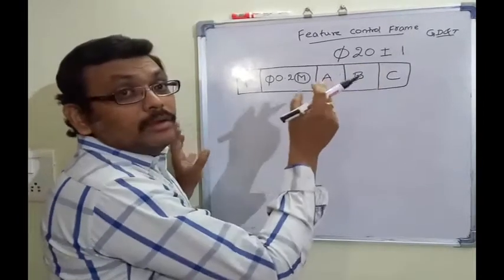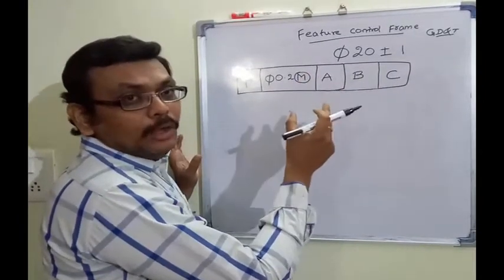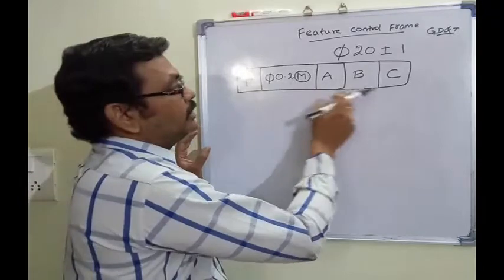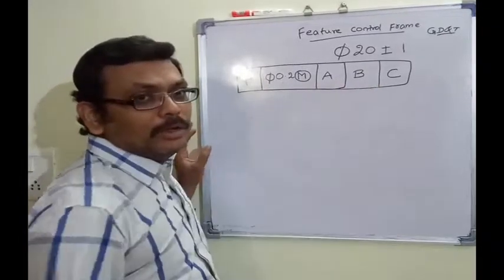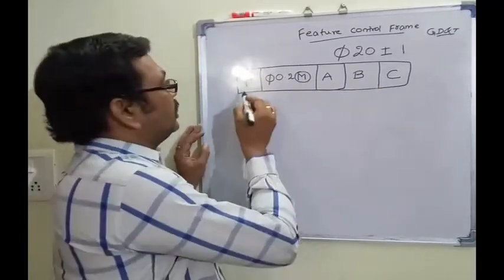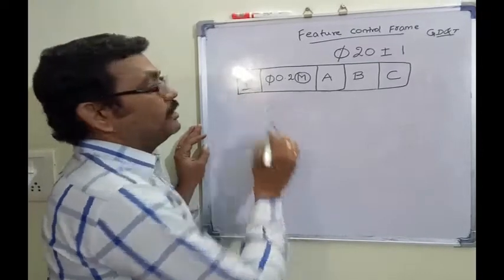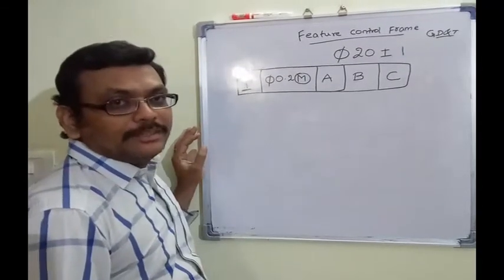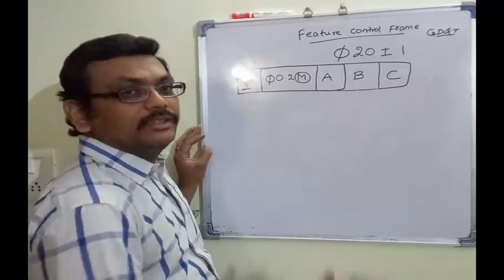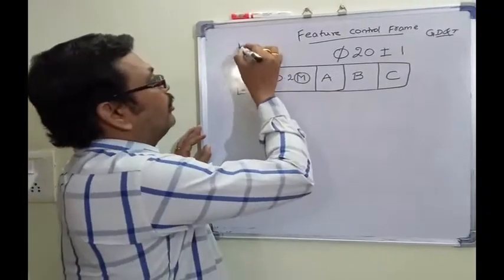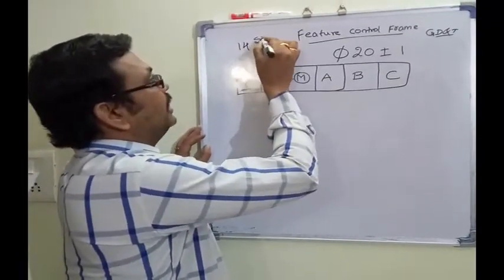This is for positioning a hole. This feature is used for positioning a hole because I am using here the position tolerance symbol. As we discussed, there are 14 symbols in GD&T.